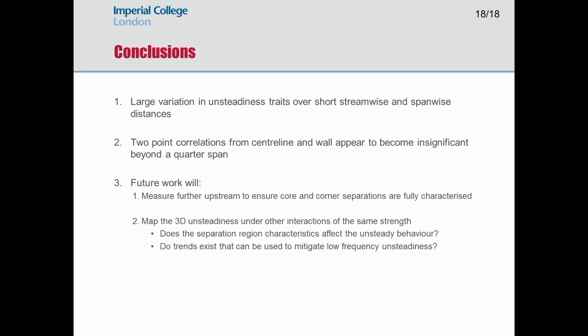It's not perhaps truly characteristic of the interaction. What I'd like to do in the future is look at more interactions of the same strength, for example those of Grossman, and see if we can relate the separation region characteristics to the unsteadiness characteristics, and then use that to mitigate this low-frequency unsteadiness in some way.